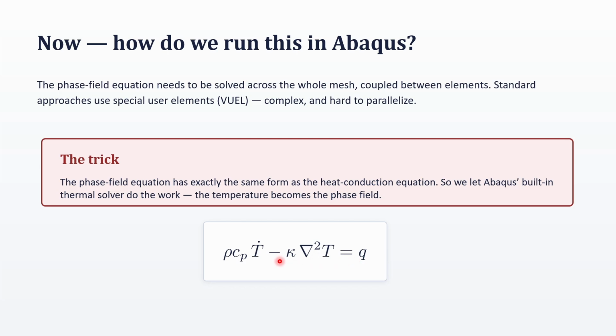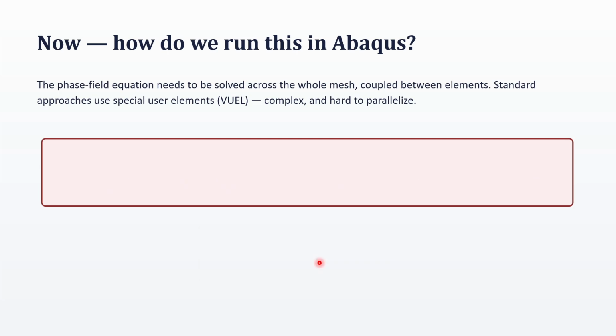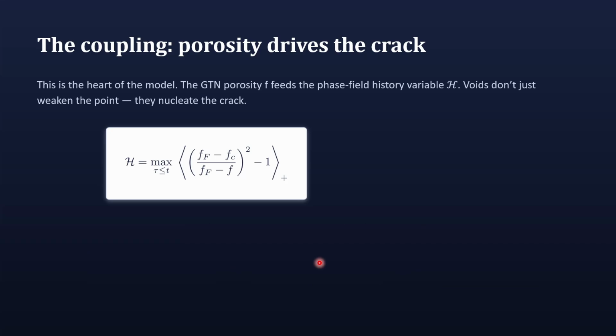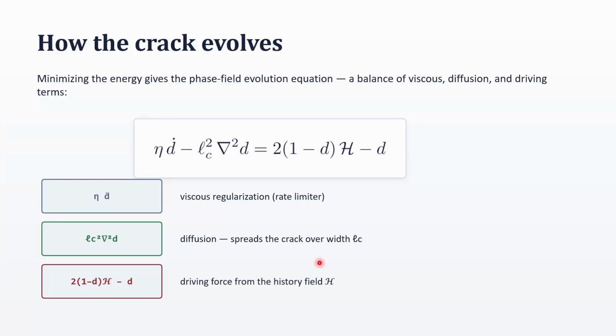If you compare this with the dynamic phase field equation, let me go back. That equation had a T dot; this equation has a D dot. That had a nabla square T; this has a nabla square D. That had a Q term; this has this entire term to the right of the equal sign.